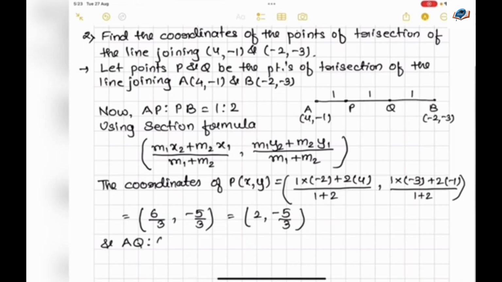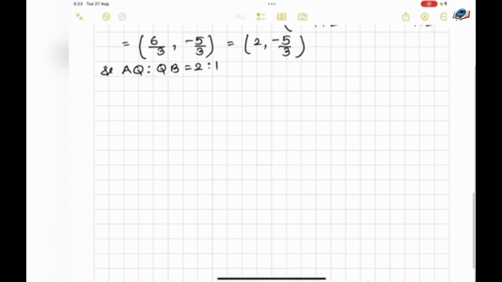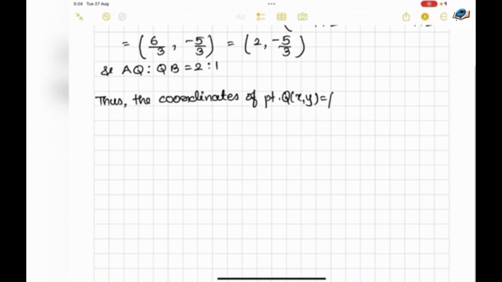AQ is to QB equal to 2 is to 1. Thus, the coordinates of point Q (x, y) will be equal to (2 into minus 2 plus 1 into 4) by 2, comma (2 into minus 3 plus 1 into minus 1) upon (2 plus 1).